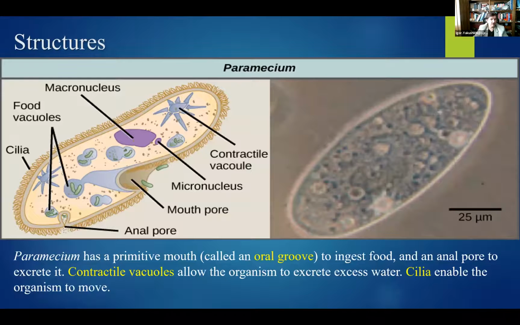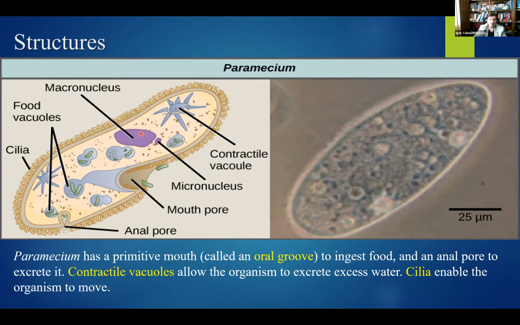So let's look at the Paramecium. Today in the lab we'll go over that. As any cell, it will have a cell membrane. Inside of the cell membrane, it will have the cytoplasm. Now it will have a nucleus. Most of them will have a nucleus.